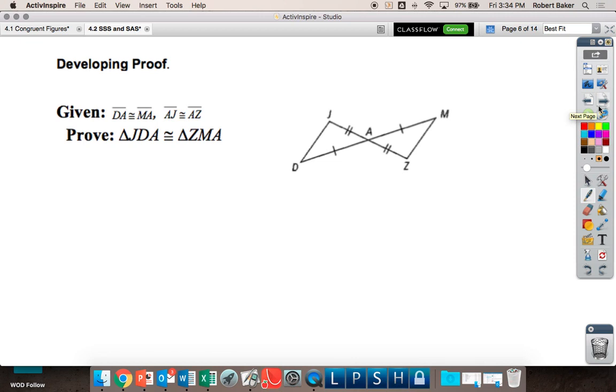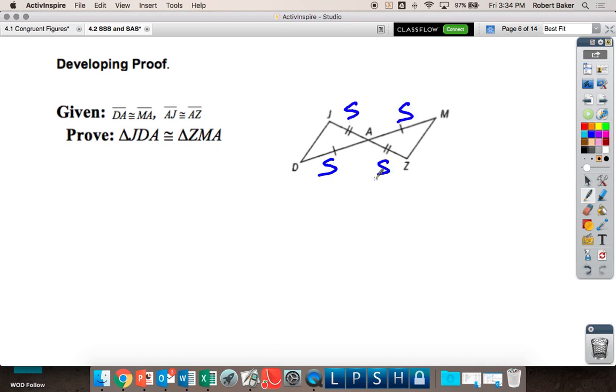I want you guys to prove with me that those two triangles are congruent. What do I need? What are my two options for proving congruence? Side, side, side. Or what do I have already? Two sides. I have side and side.